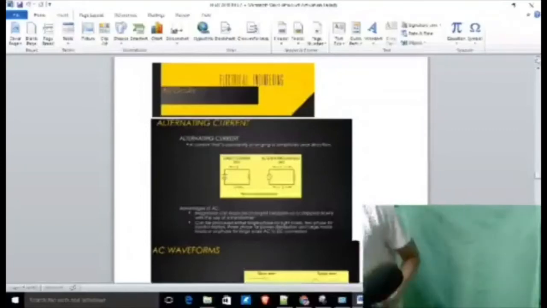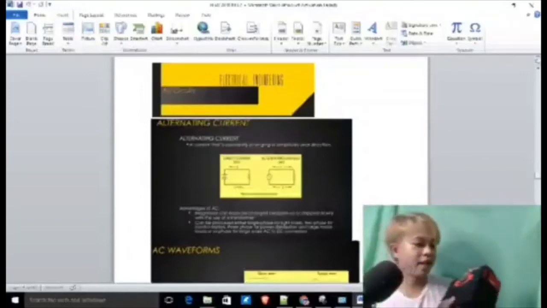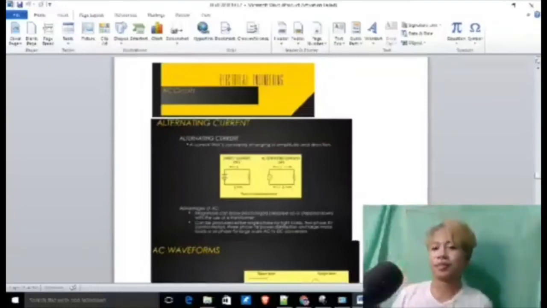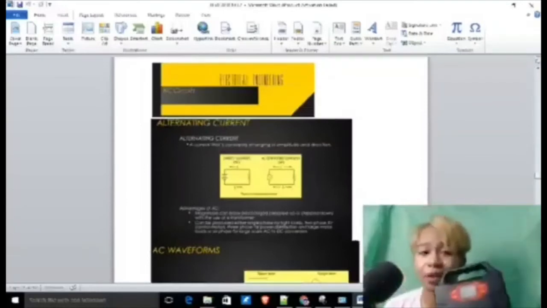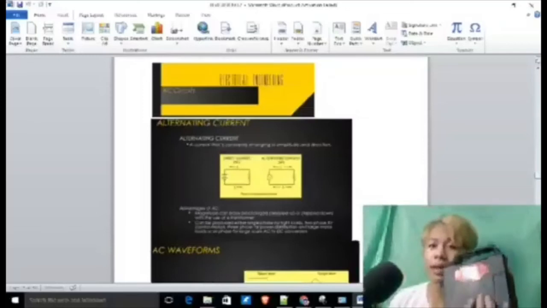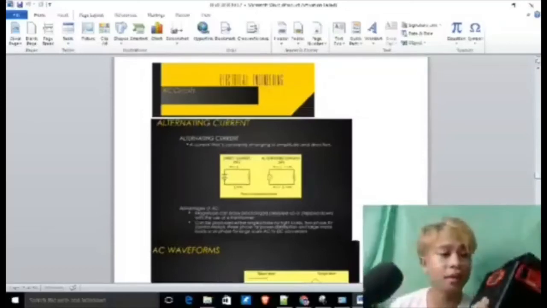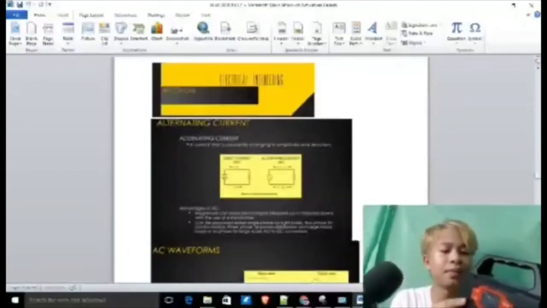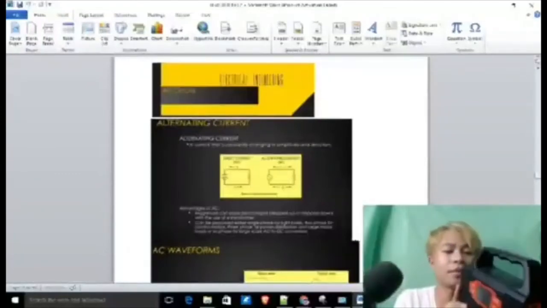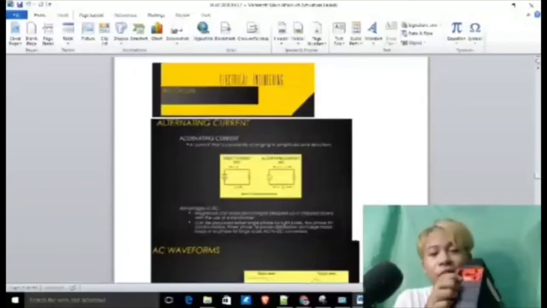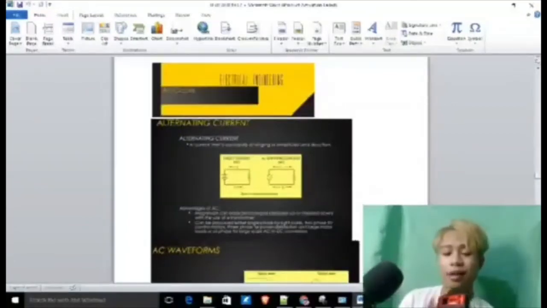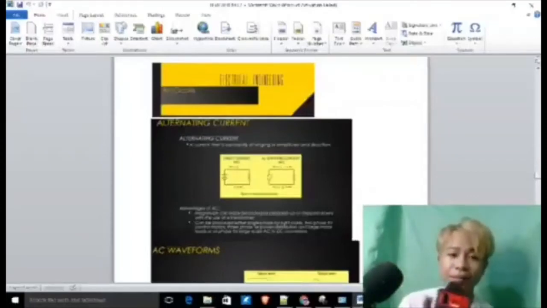Here it was. One thing that popped up in my mind, my first impression when I read AC and DC circuit, when you're going to perform for an AC circuit, here is an AC circuit used for higher voltage for me, because you can insert here, it's used for outlets.